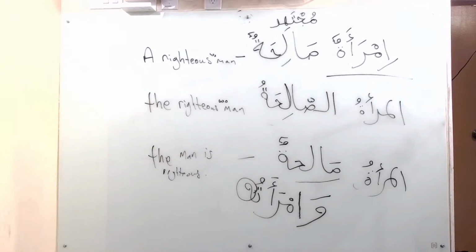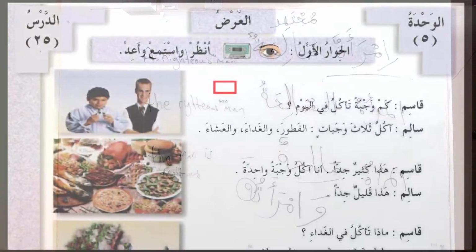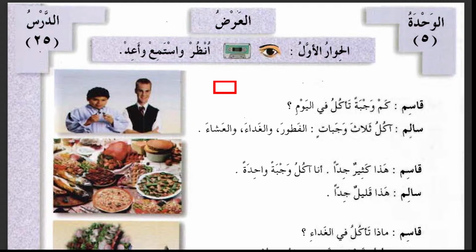Okay, so we are on the fifth unit, Al-Wahda Al-Khamisa. First, Al-Hiwarul Awwal, the first conversation from the fifth unit.